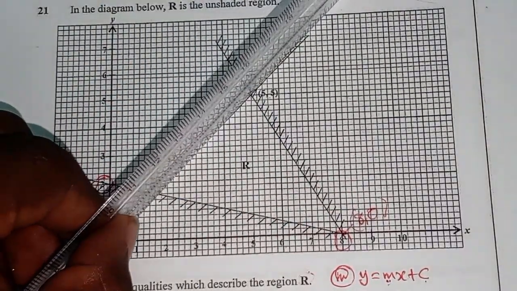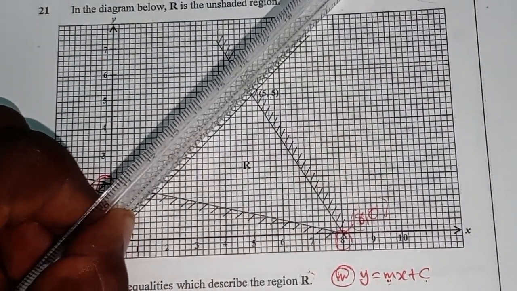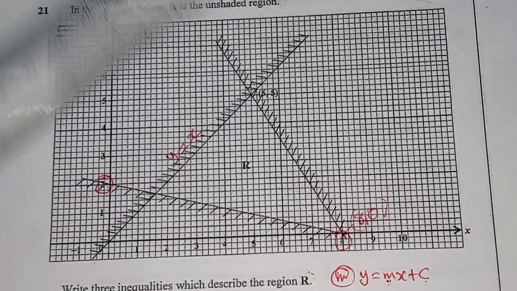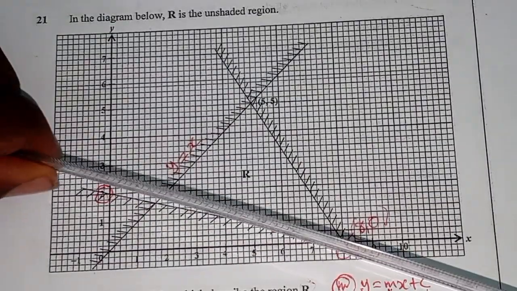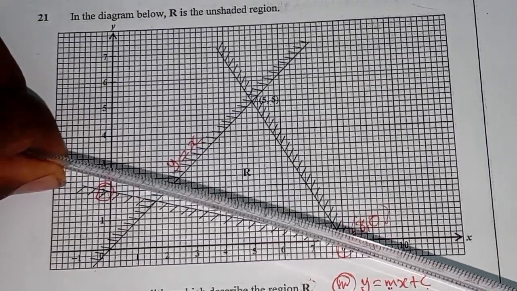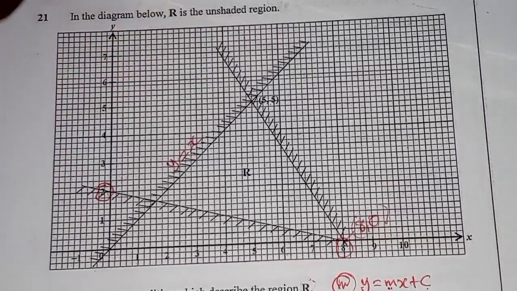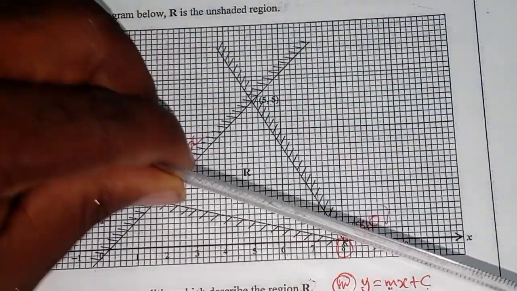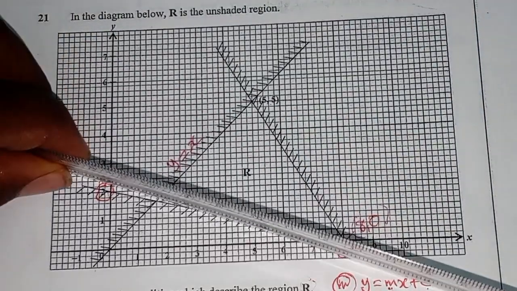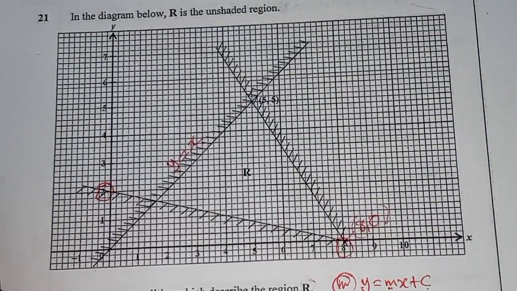So the shaded part for this region is greater. Now we come to the second one, which is this one. For this line, region R is greater. So this is greater, this is less.